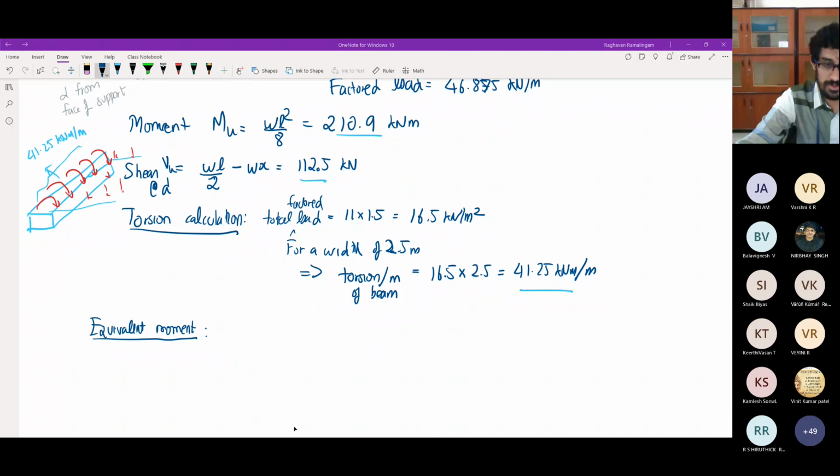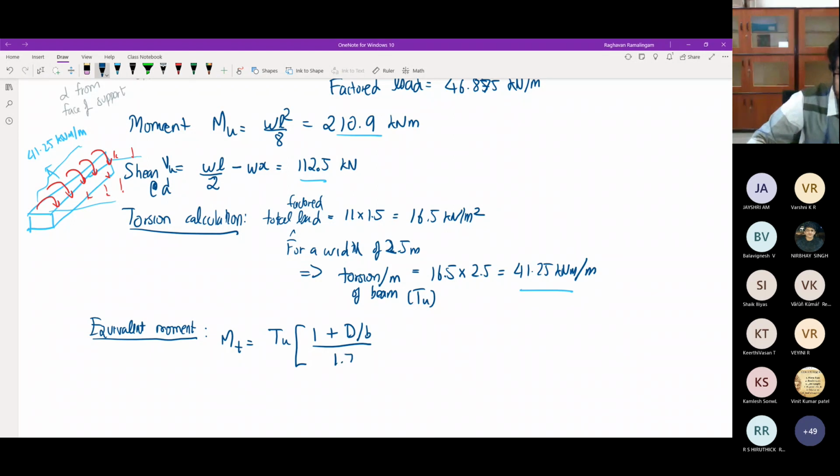It is nothing but Me equals Tu into (1 plus D by B) divided by 1.7. Keep everything in kilonewton meter itself.